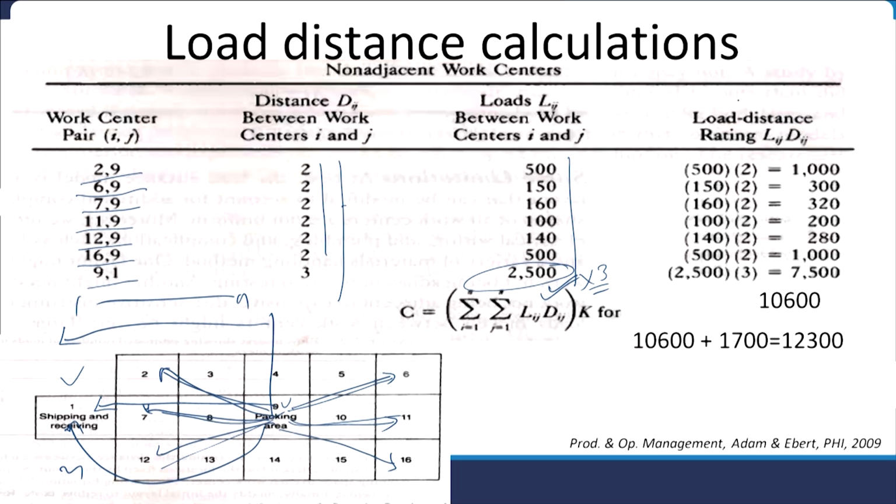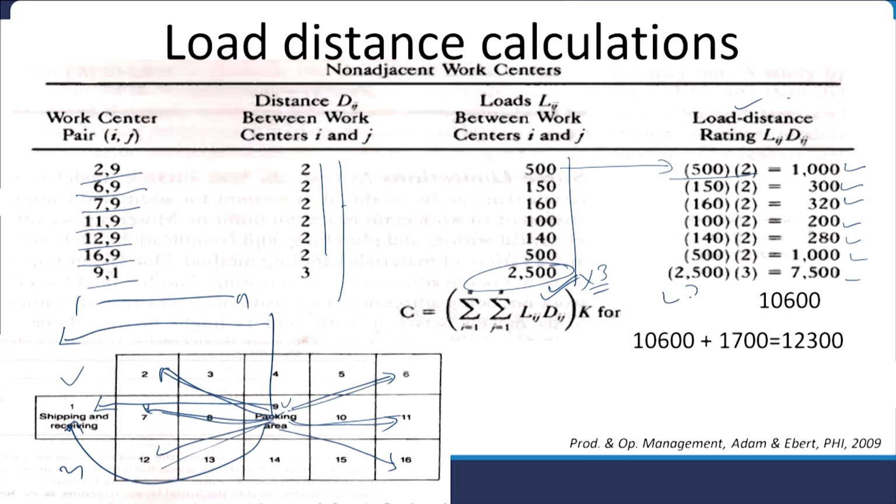If we consider the load into distance rating for this situation, 500 into 2 gives 1000, then 1300, 300, 320, 200, 280, 1000 and 7500.